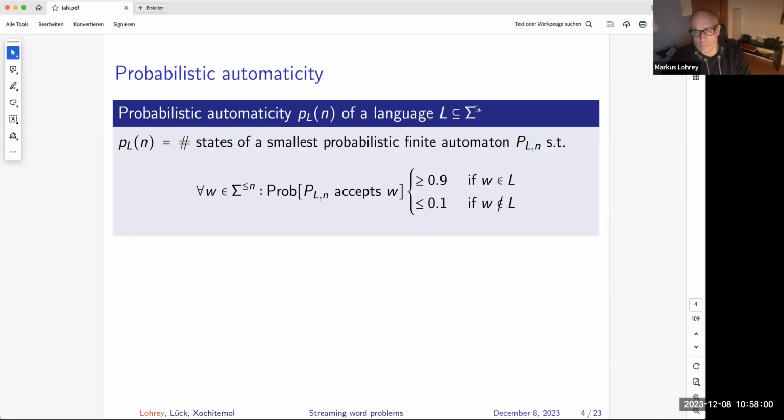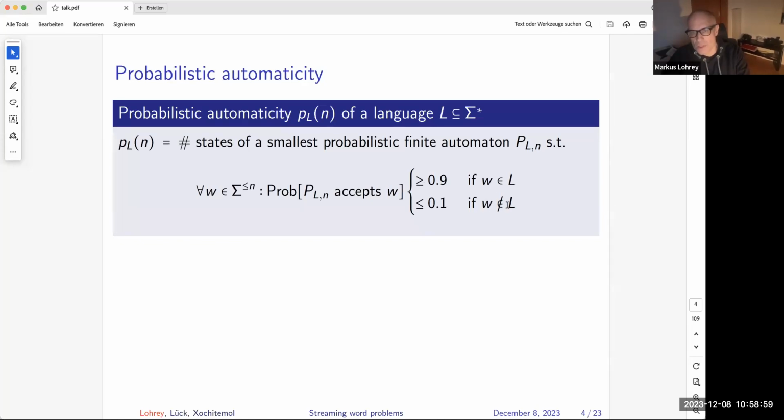We have a language L over an alphabet sigma, and we define a function P sub L of n, the so-called probabilistic automaticity of the language L. It's defined similarly to before: the value of the function on n is the number of states of a smallest probabilistic finite automaton, P sub L,n, such that for all words W of length up to n, if W is in L, then the probability that the automaton accepts W is high, let's say at least 0.9.